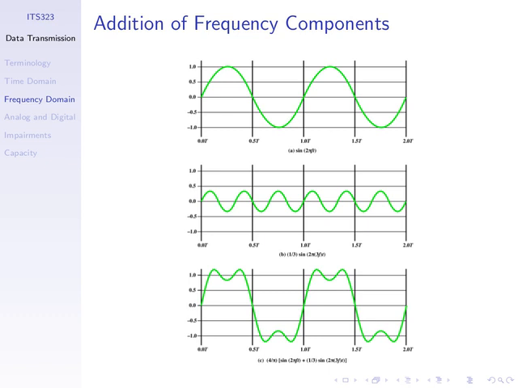We added these two and introduced an extra multiplier. What does this multiplier do? It just increases or changes the peak amplitude: 4 over pi times sine, 4 over pi times 1/3 of sine. So it just changes the height of the signal.